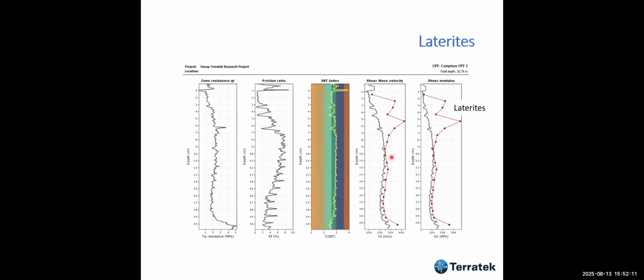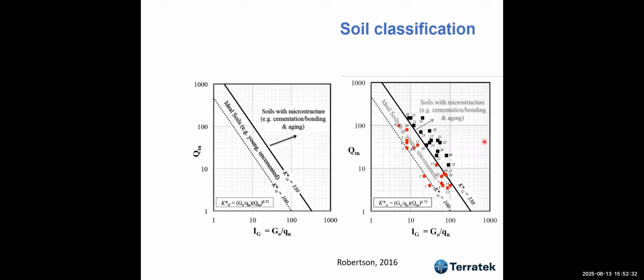So why am I saying that? Because I've done a lot of tests on this, and this is the shear wave velocity predicted by the cone, and it doesn't predict this increase actually measured. Why? Because these are laterites and the cone doesn't have this in its correlation. And later, after I'd done all these tests, which I can show you later, Peter Robertson came up with this idea.